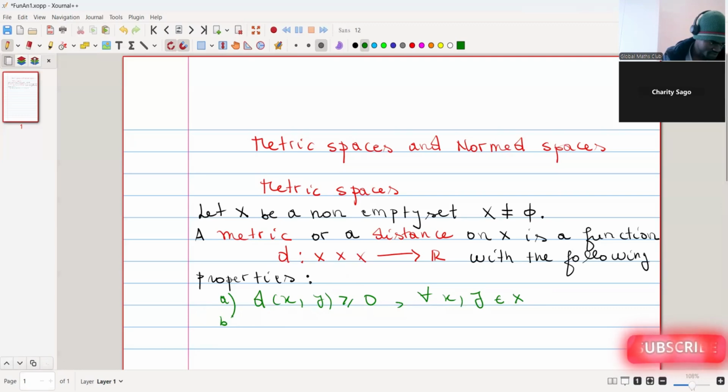B, the distance d(x,y) equal to 0 is equivalent to saying that x equal to y, for all x and y in X.